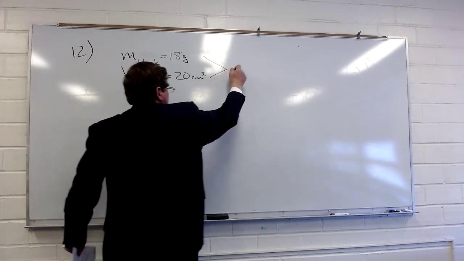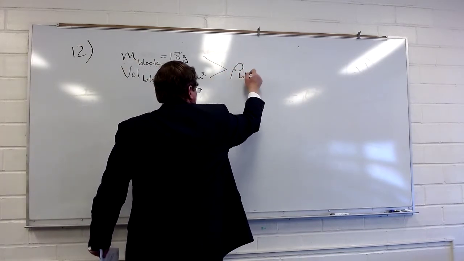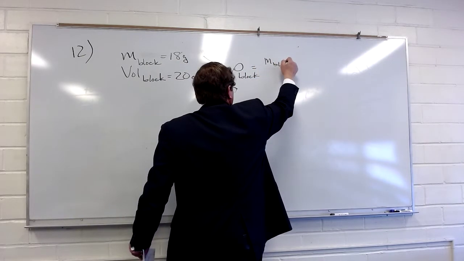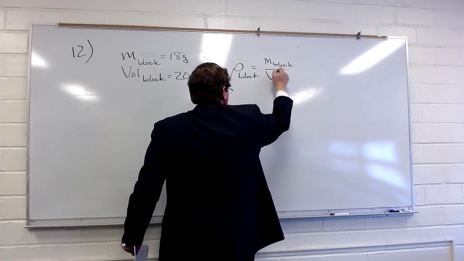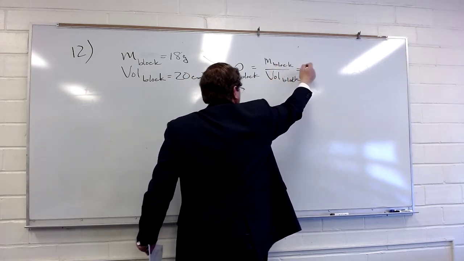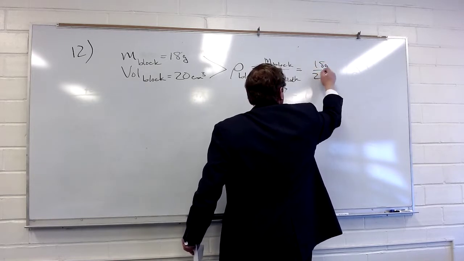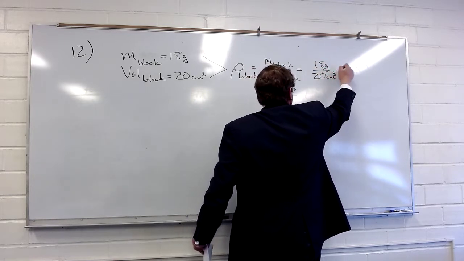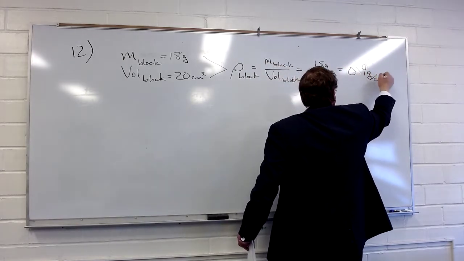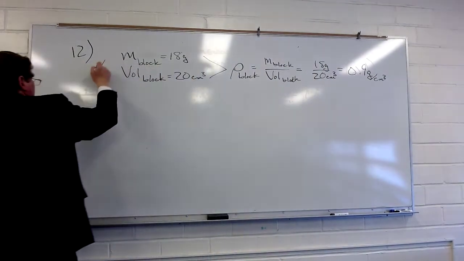And that's going to give me the density of that block, which is just the mass of the block divided by the volume of the block. And that's going to be 18 grams divided by 20 centimeters cubed, and that's going to be 0.9 grams per centimeter cubed. And that's part A.